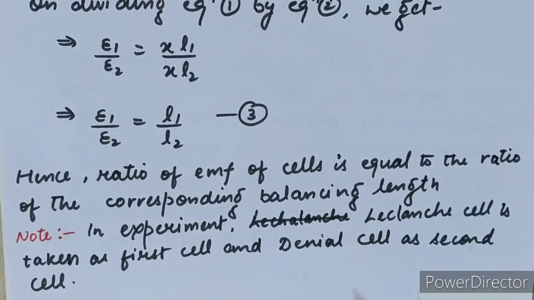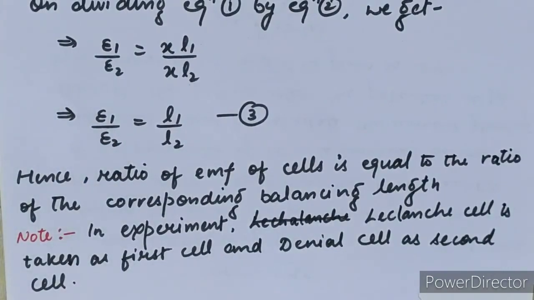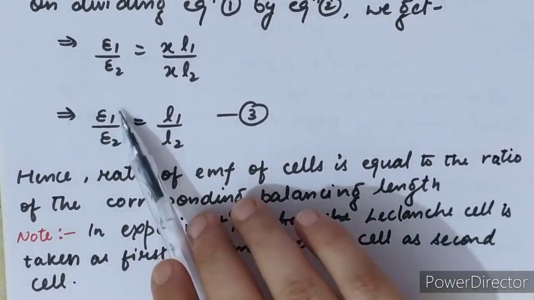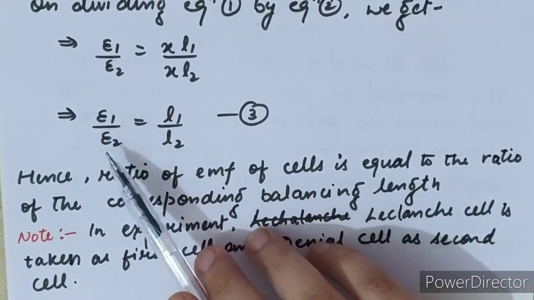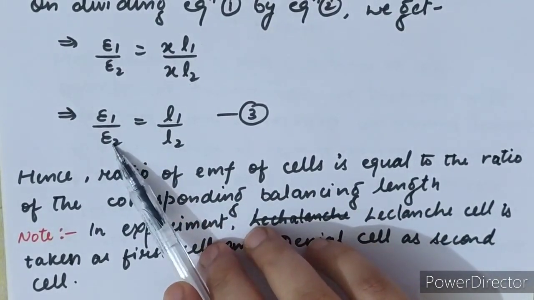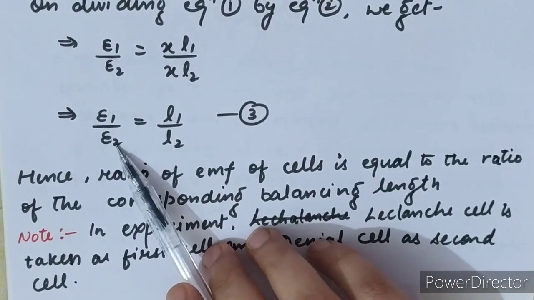Clear? Now if one of the cells is a standard cell, then the EMF of the second cell can be calculated using the following formula. Suppose E1 is the standard cell, whose value you know. So you have to find the value of E2 only. How are you able to find E2? Simple.